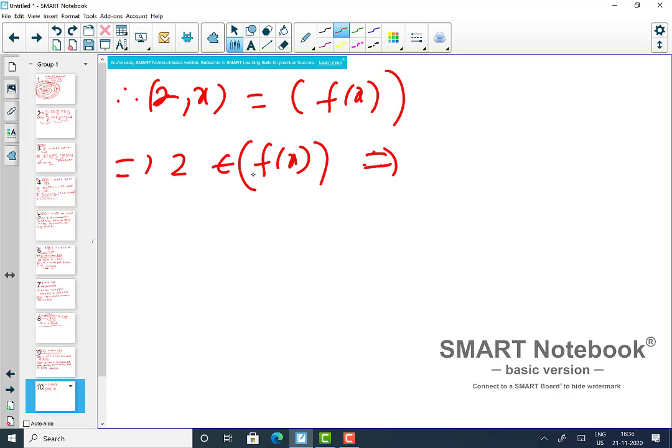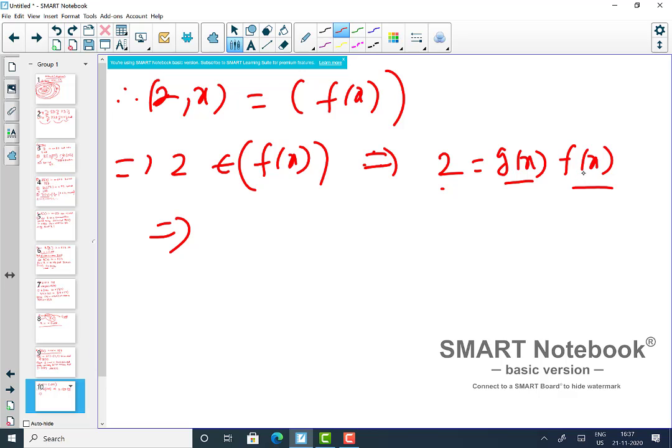If 2 belongs to (f(x)), that means 2 is a multiple of f(x), some g(x) times f(x), and that automatically tells you this is a polynomial, this polynomial, and this is 2.